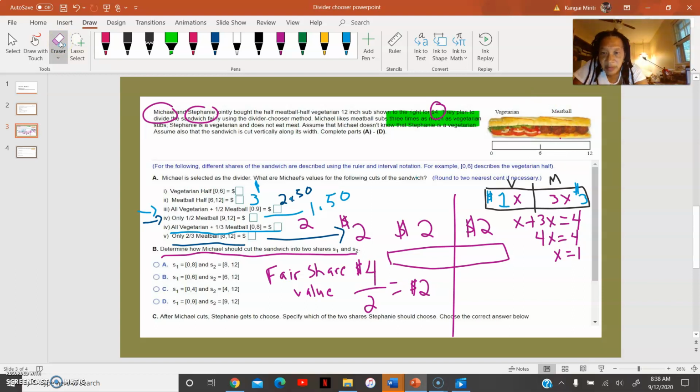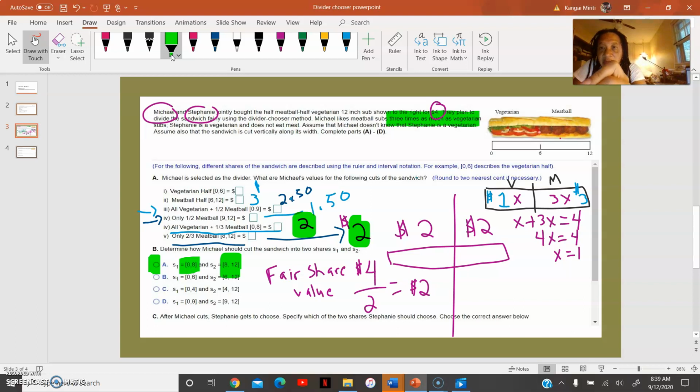Let's see, would it be a 0 to 8 cut? Well, we can go back up and look at our work here that we've done before. Do we already know what 0 to 8 is worth? Right here, $2. And do we already know what 8 to 12 is worth? $2. This one looks like the answer because this is one which would be a $2 piece.